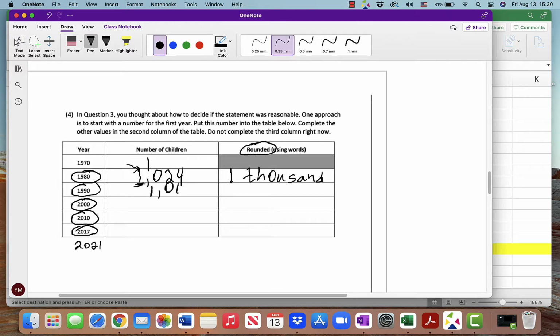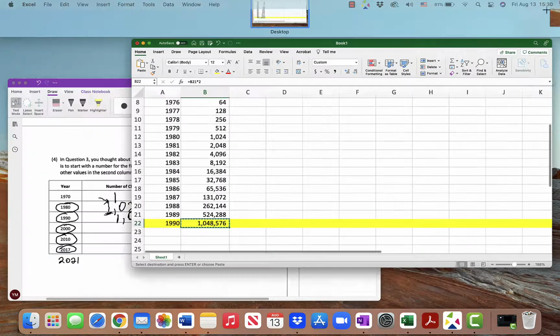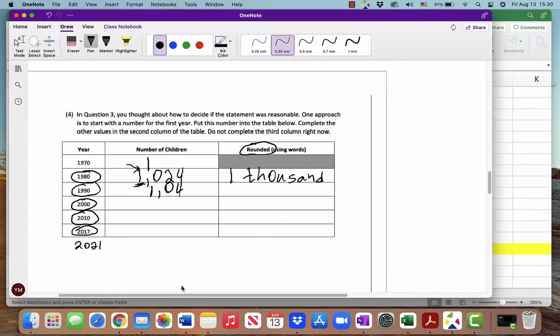So 1,048,000, I think. 48,576. 48,000 and then 576. Okay, looking at the largest magnitude here, which is the largest place value right here, that looks like 6 significant figures right after 1, so that would be 1 million.